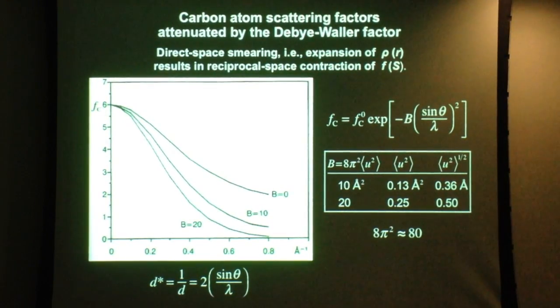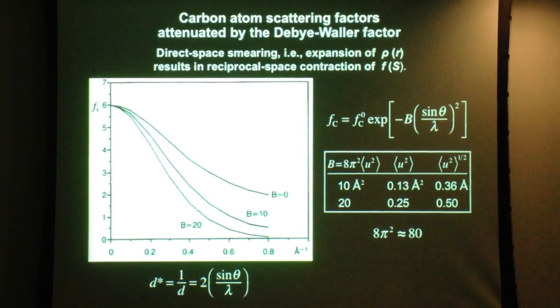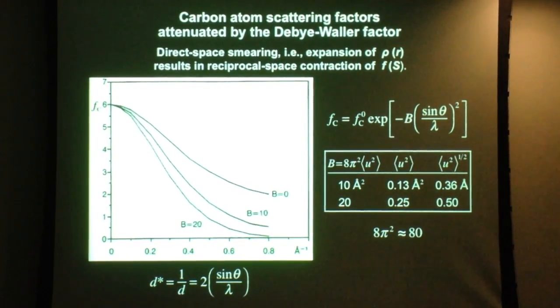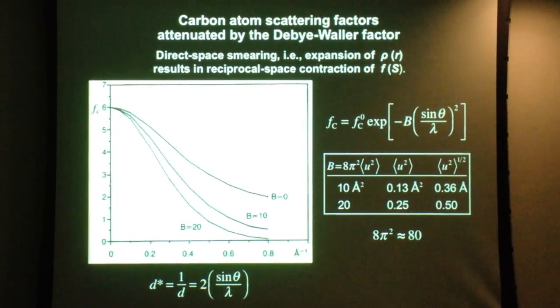It contracts the scattering factor. But what does a contraction of the scattering factor mean? Contraction in reciprocal space means an expansion in real space. So these B factors correspond to a smearing of the atomic electron density about the mean position.